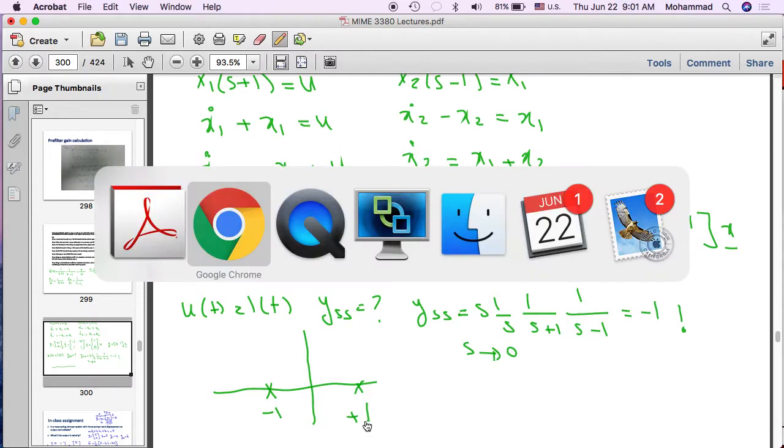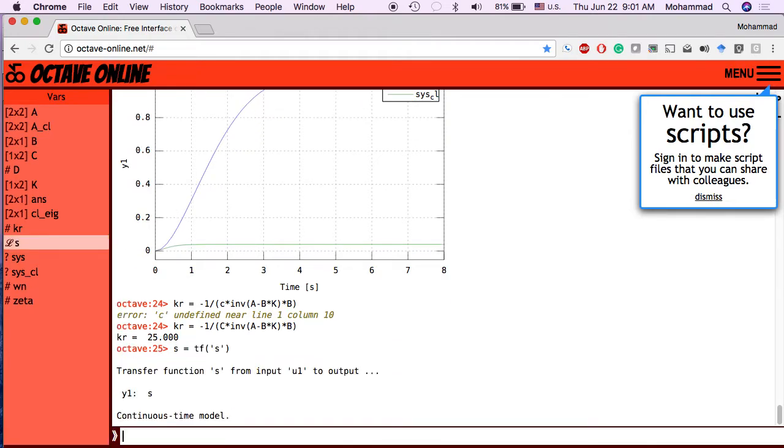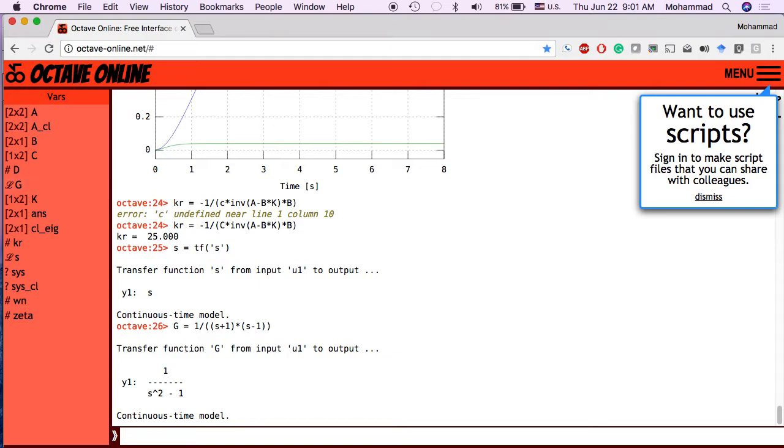So if you create a transfer function, so G is 1 over s plus 1 times s minus 1, which will give you 1 over s squared minus 1, by the way.